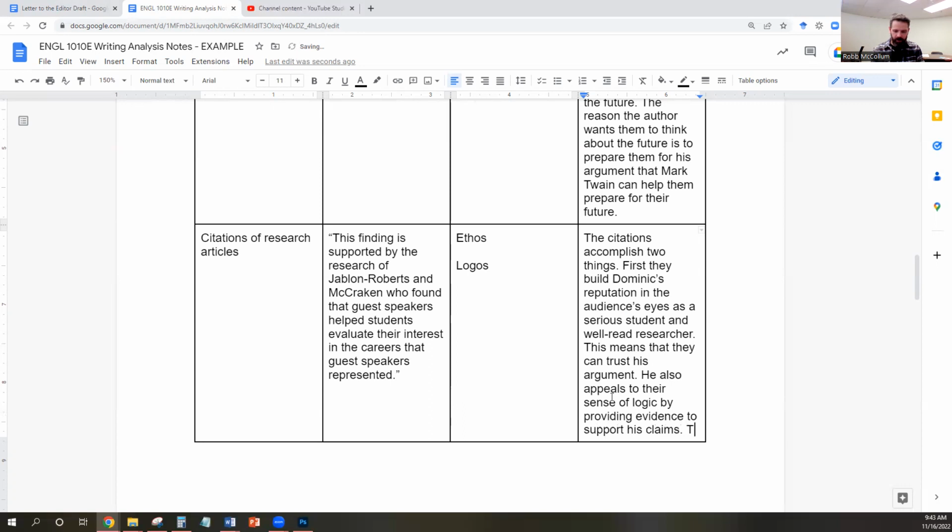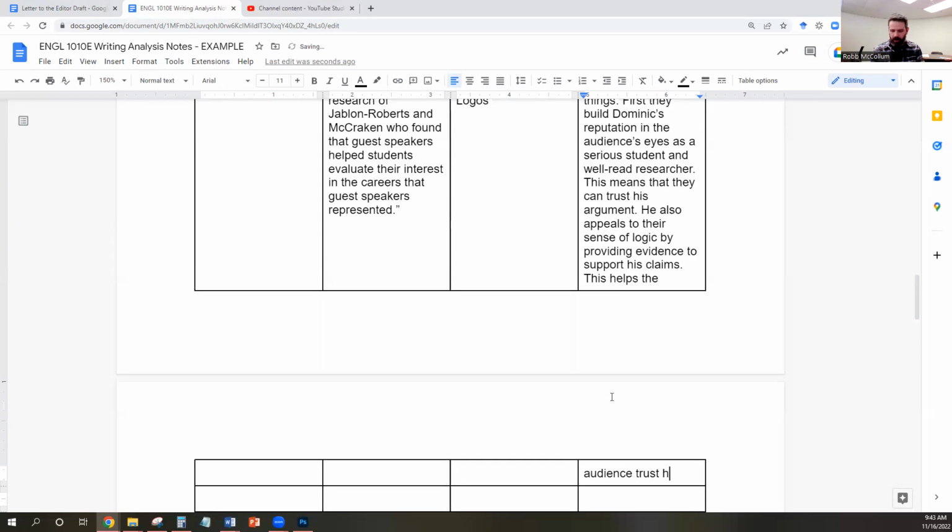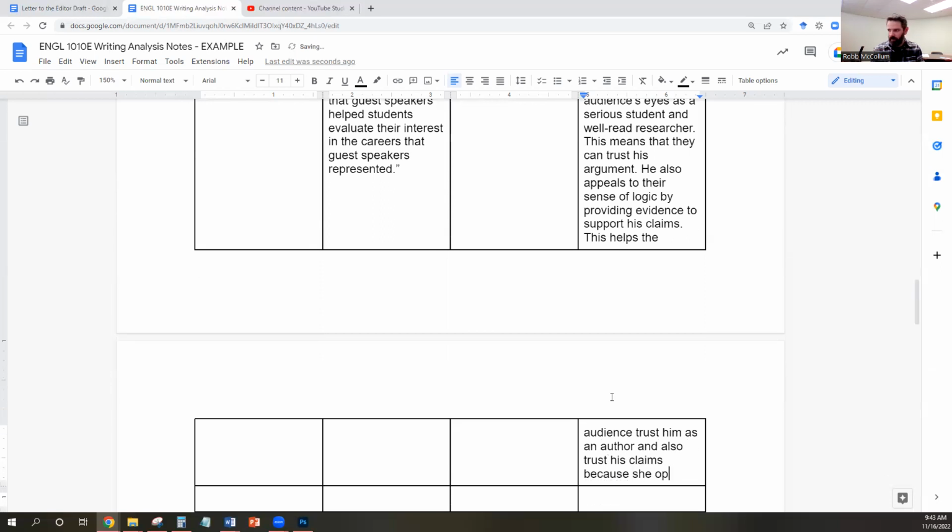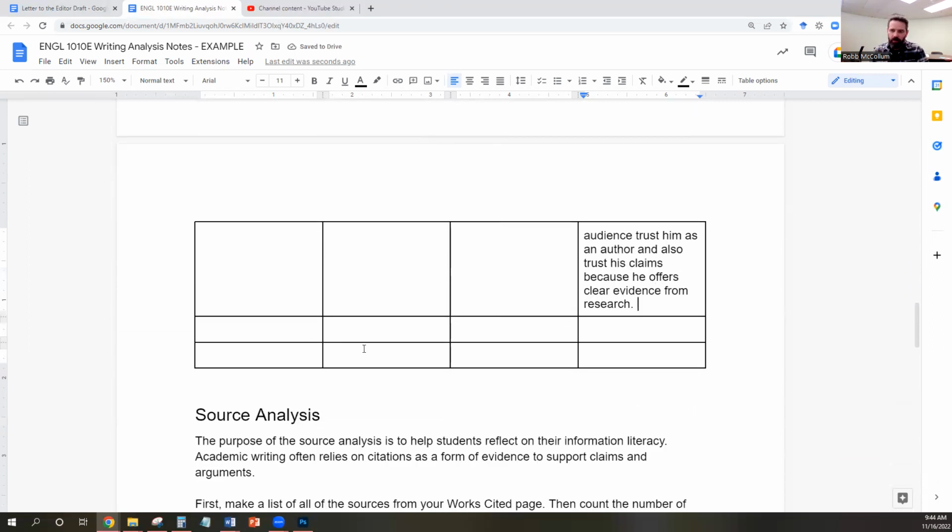Okay, this helps the audience trust him as an author and also trust his claims because he offers clear evidence from research. Okay, and then I could go on and do that with a few others.